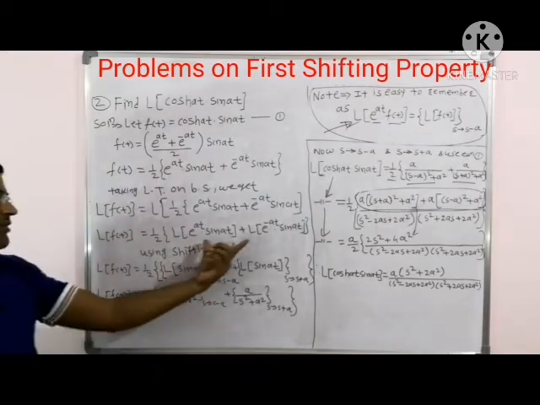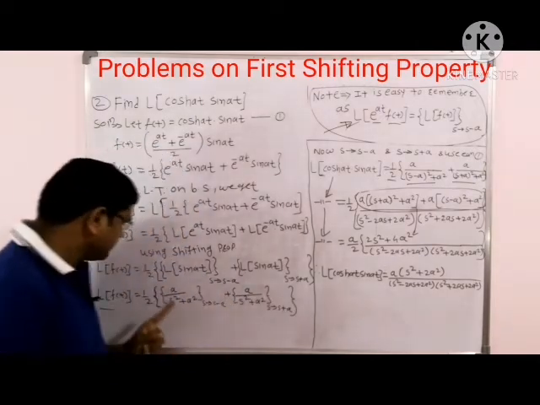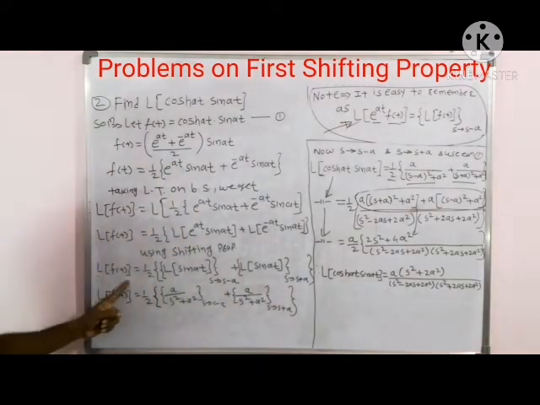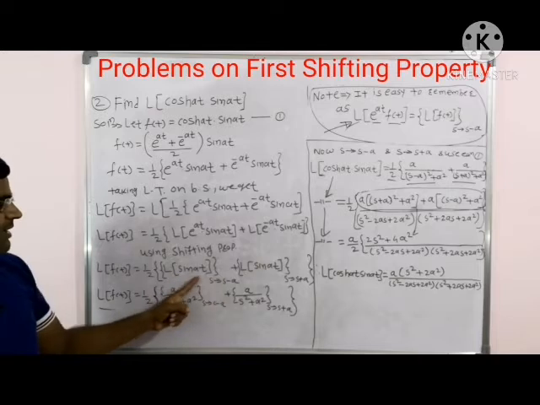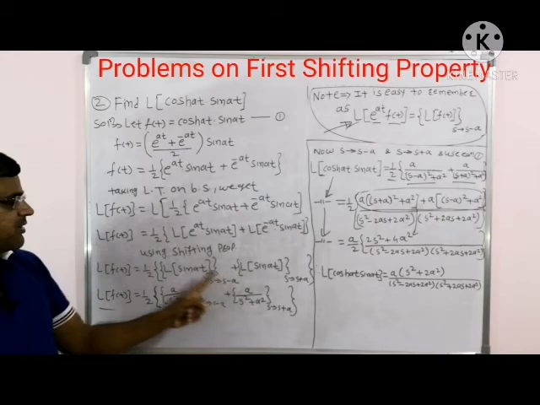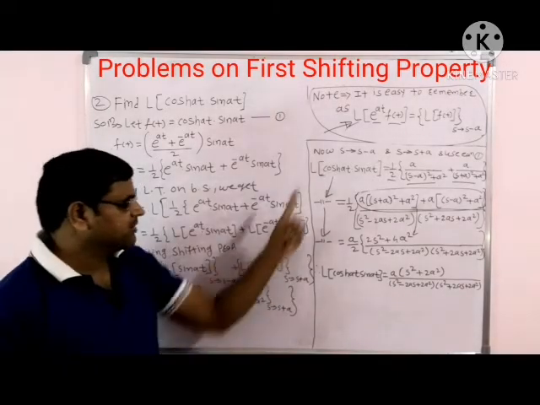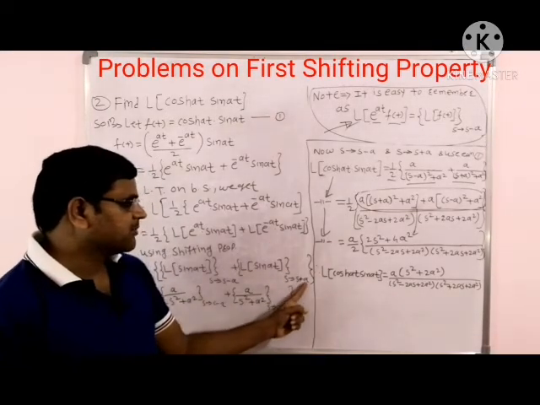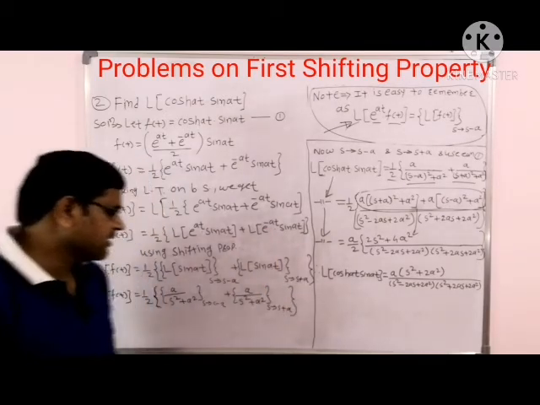Now we will solve these terms using the shifting property. For the Laplace transform of sin at, f of t is sin at, so s is replaced by s minus a, because e raised to power is plus a. Plus the Laplace transform of sin at, with s replaced by s plus a, because here e raised to power is minus a.